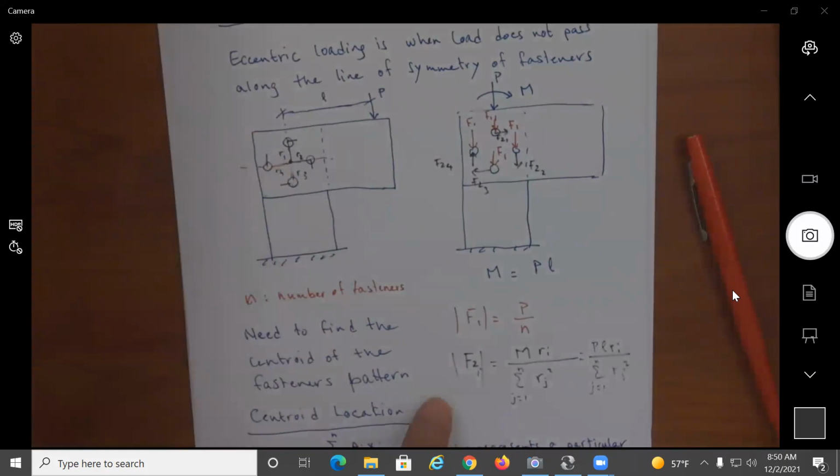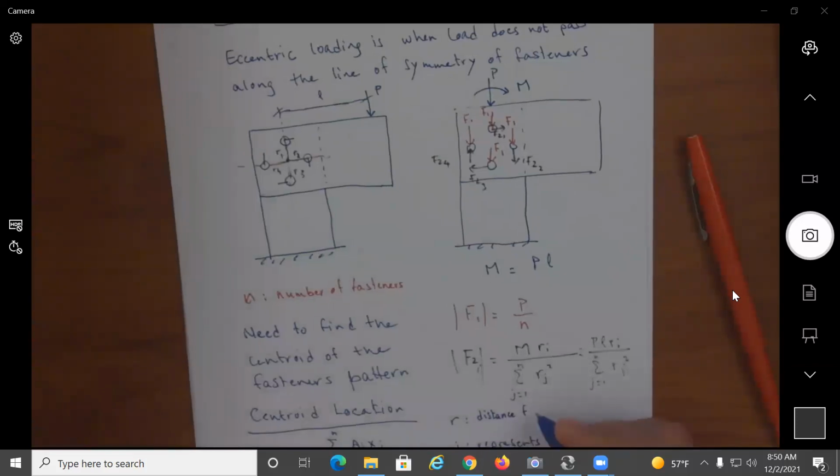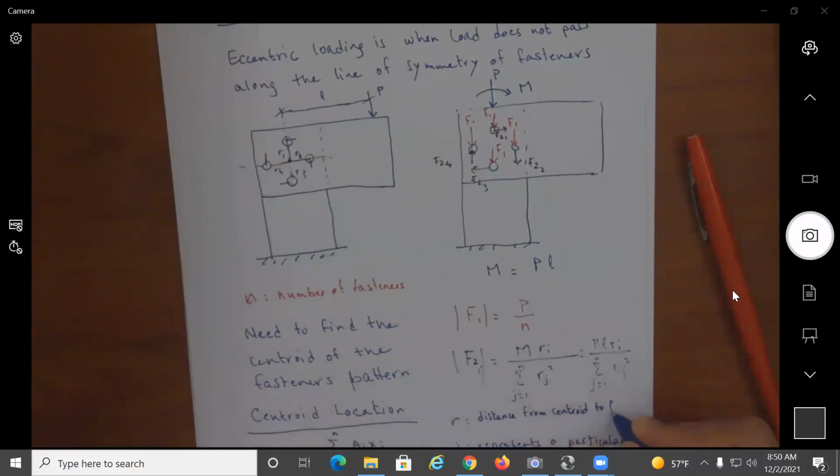I think the one thing that I didn't put here is R. And R would be the distance from the centroid to the fastener.